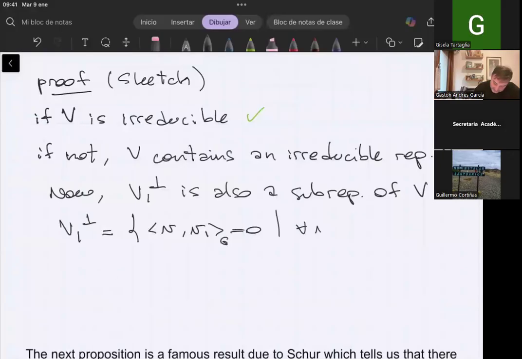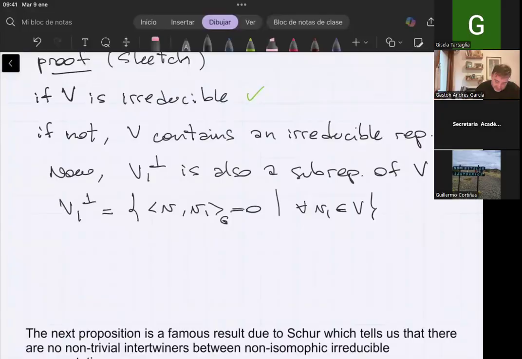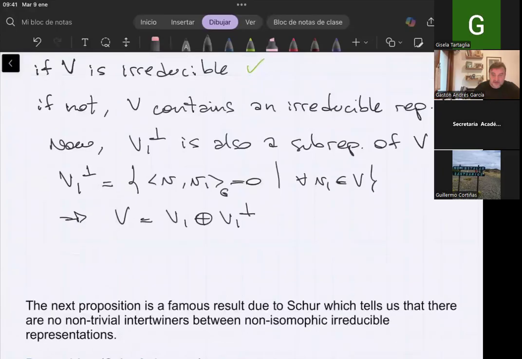By linear algebra, we have that V is V1 direct sum V1 orthogonal. And this is a decomposition as linear vector spaces.